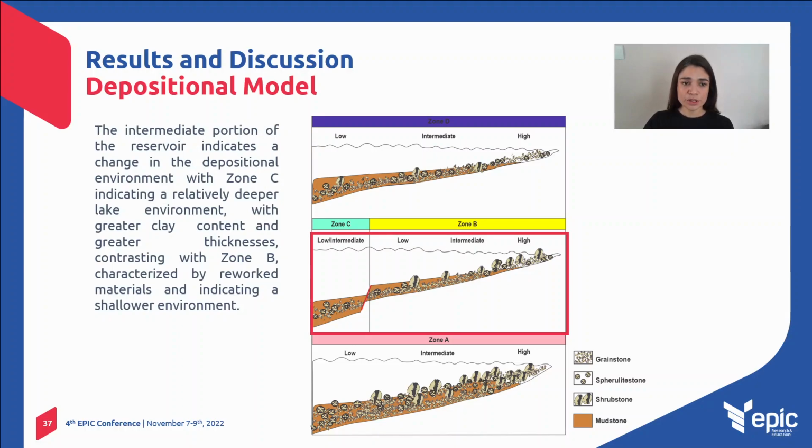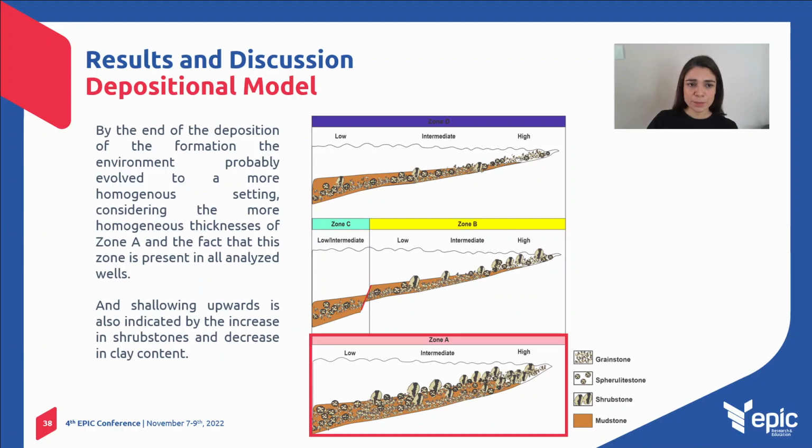The intermediate portion of the reservoir indicates a change in the depositional environment, with Zone C indicating a relatively deeper lake environment with greater clay content and greater thicknesses, contrasting with Zone B, characterized by reworked materials and indicating a shallower depositional environment.